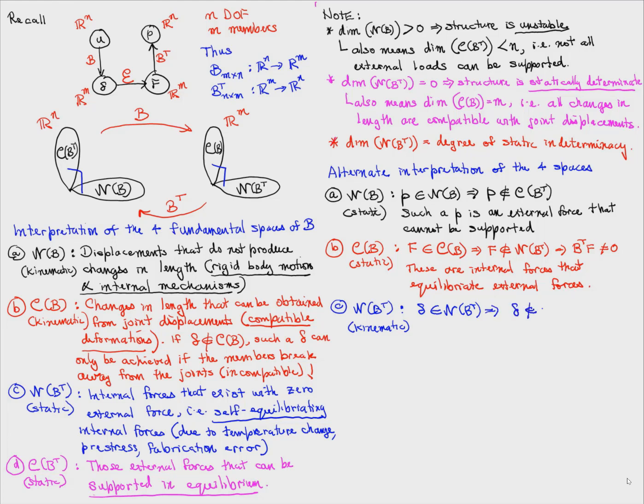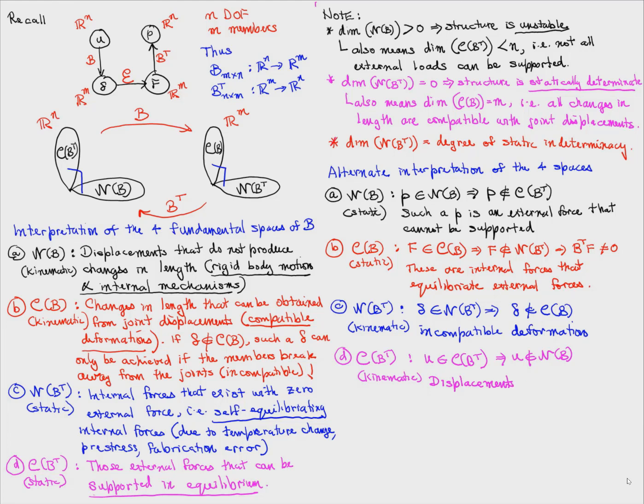This means delta is not in the column space of B. So such a delta is an incompatible deformation, which cannot be achieved by simply moving the joints. Lastly, we'll look at the interpretation of the column space of B transposed. This is a kinematic interpretation. So suppose a displacement is in the column space of B transposed. That means it's not in the null space of B. And these are displacements that do produce changes in length.